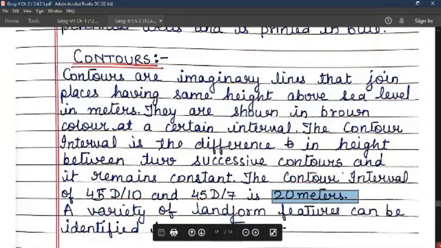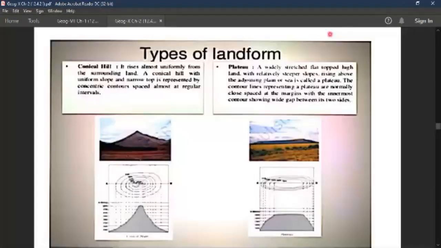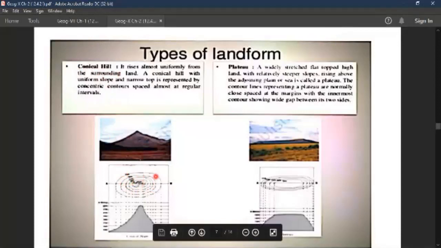A variety of landform features can be identified from contour lines. So the first feature is the conical hill. Conical hills are indicated when contours run nearly circular, becoming smaller and smaller near the summit.